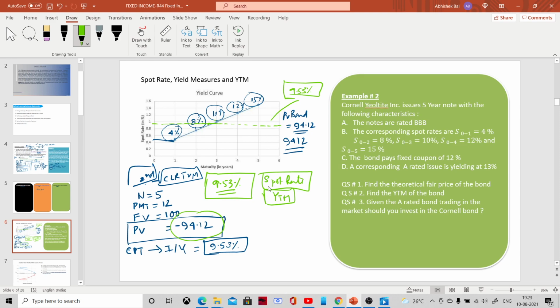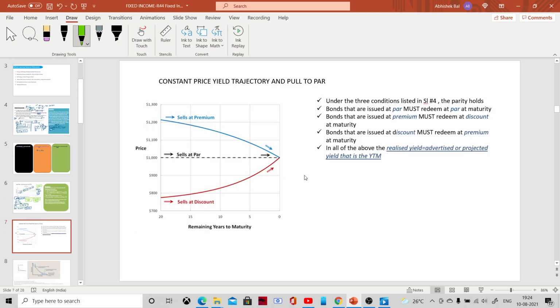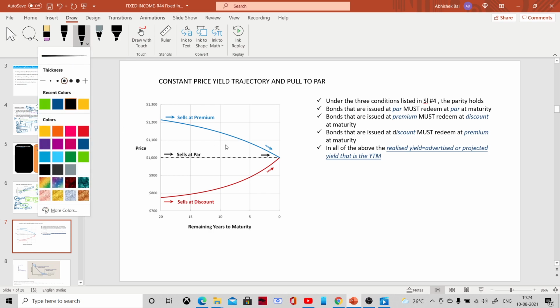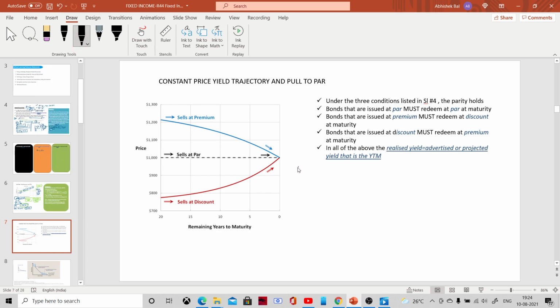Great. Now, another important concept that we ought to know, we have already discussed this. I'm just going to touch base upon this once again, and that is called the price yield trajectory.